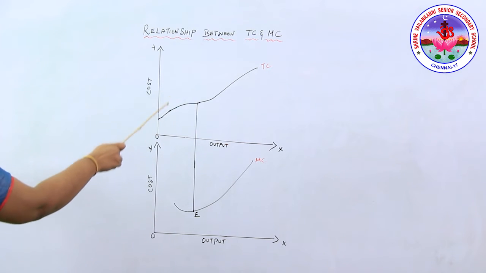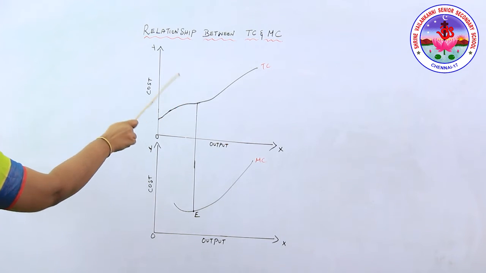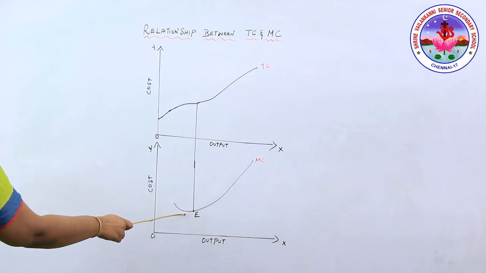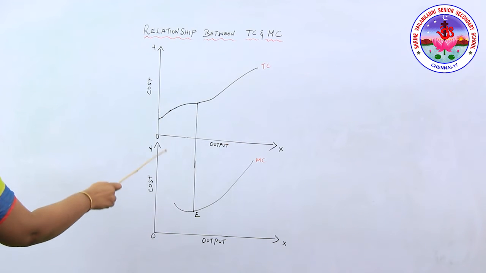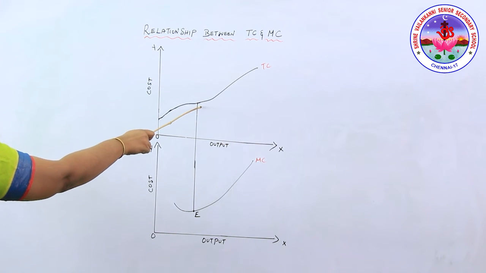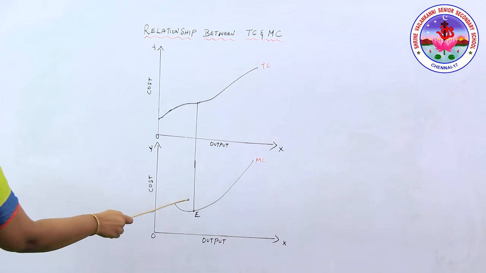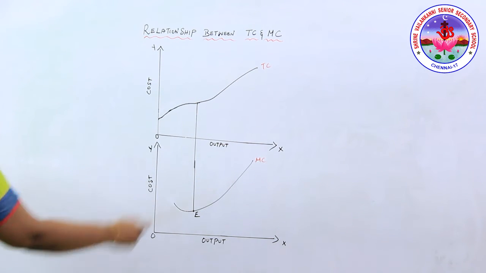When the rate of increase in TC stops diminishing, MC is at its minimum point, that is at E, equilibrium. When the rate of increase in total cost starts rising, the marginal cost is increasing.